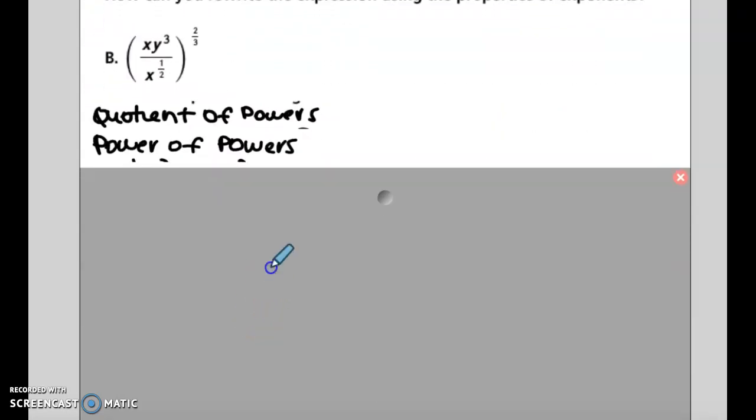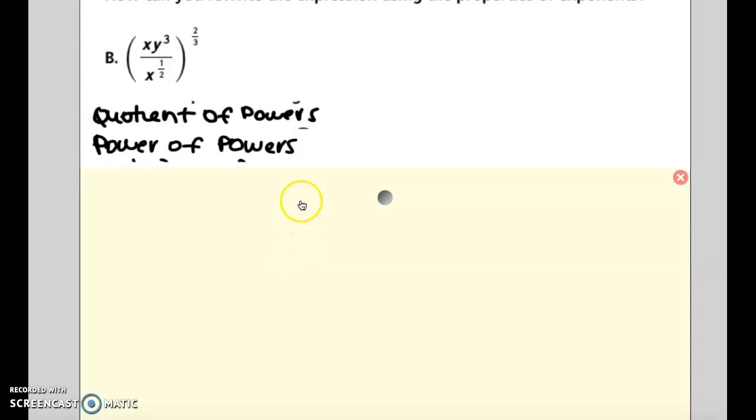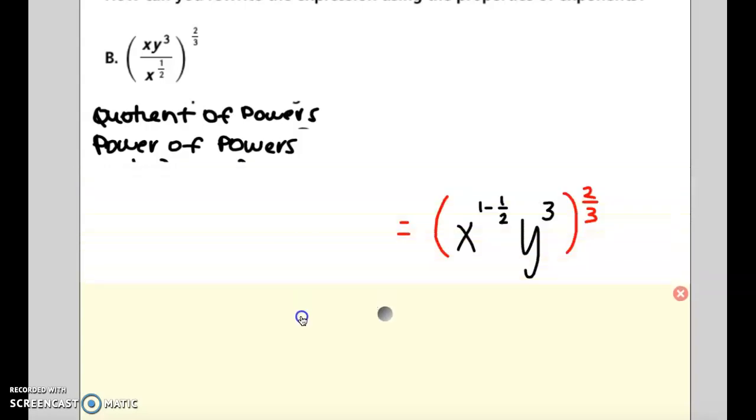The first thing I did, and it doesn't matter the order that you do these in, the first thing I did though was I used quotient of powers. That's the step right here. I got rid of the fractions, right? We hate fractions. So let's get rid of this huge fraction. We know anytime there isn't an exponent, the secret exponent is a 1.